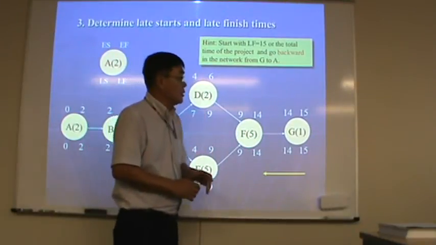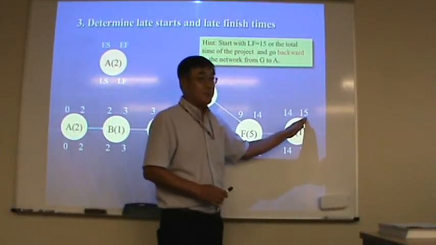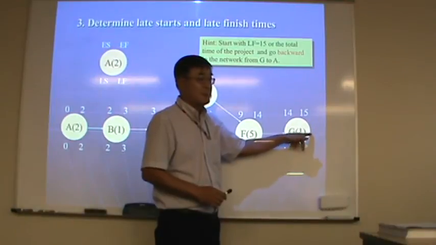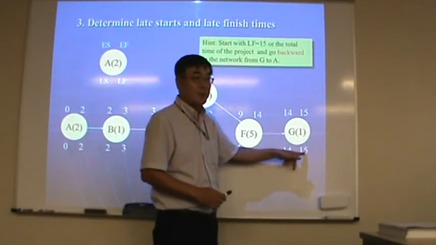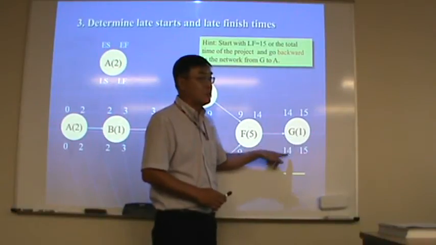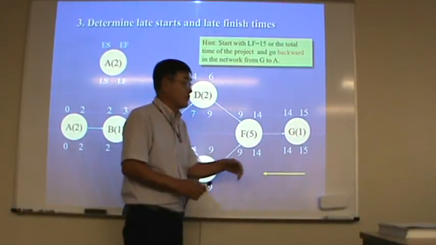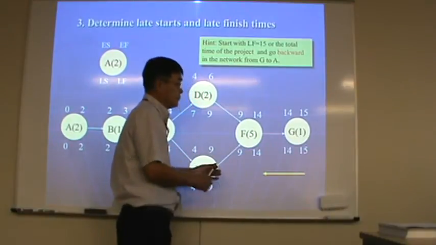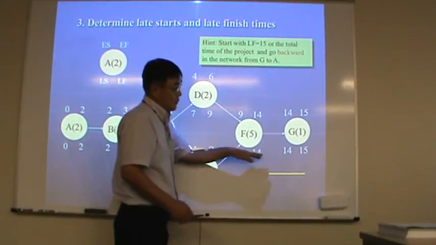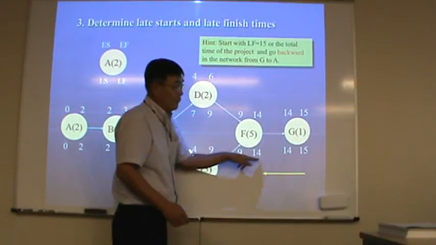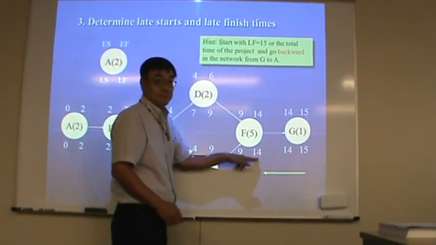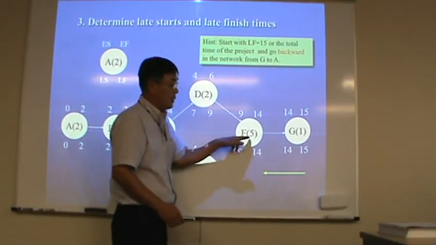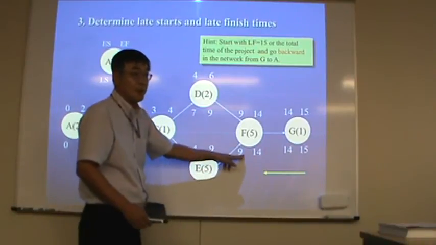So total time is 15, just the same. 15 minus 1 is 14, right? Then go back. 14, 14, right? And then minus 5 is 9. 9.